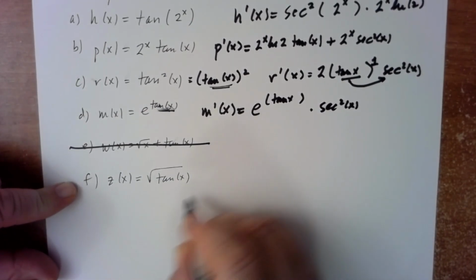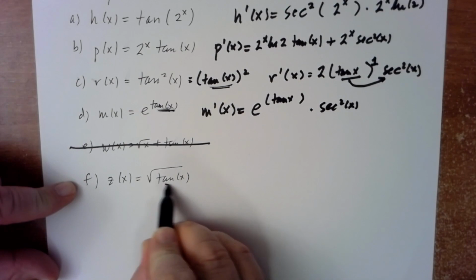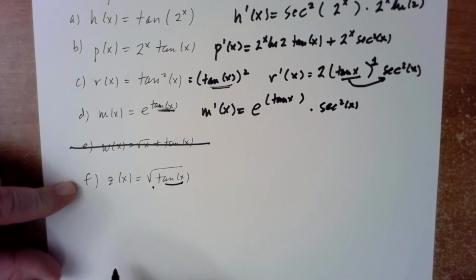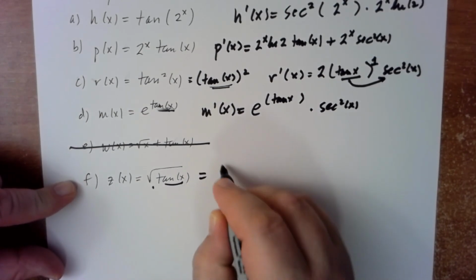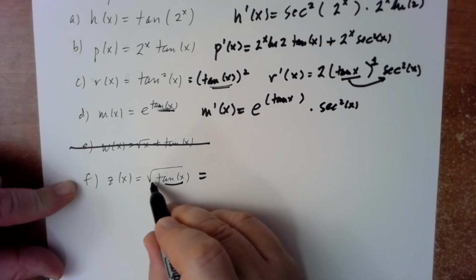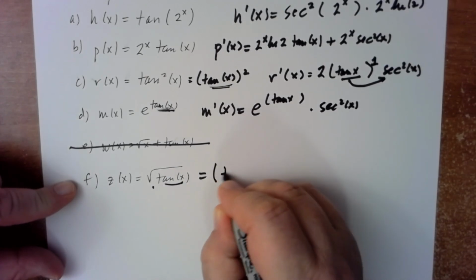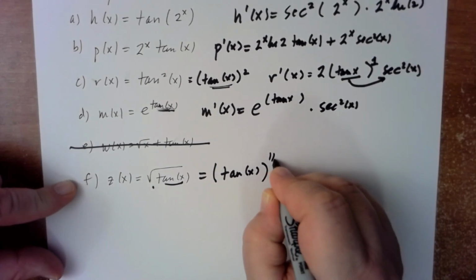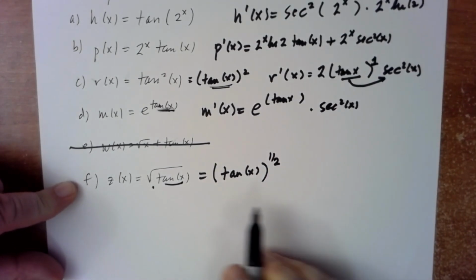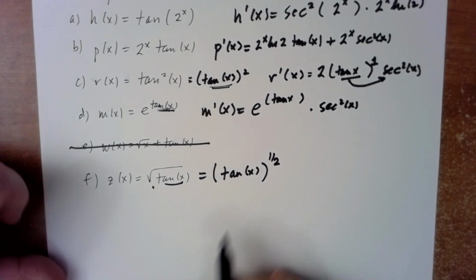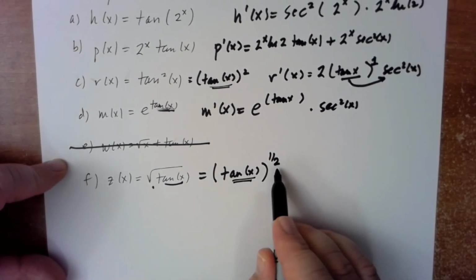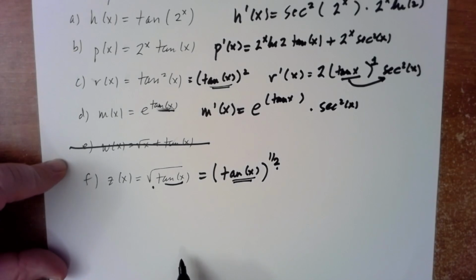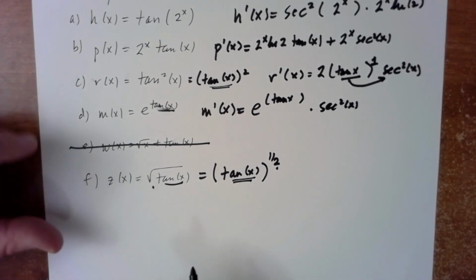Okay, z prime of x. So the inside function is tangent, and the outside function is square root. So I would rewrite this first. Remember how we rewrote the square root function? I'm going to rewrite that as something to the 1/2 power, and the something here is the tangent of x. So the tangent of x is our inside function, and then the outside function is x to the 1/2 power.